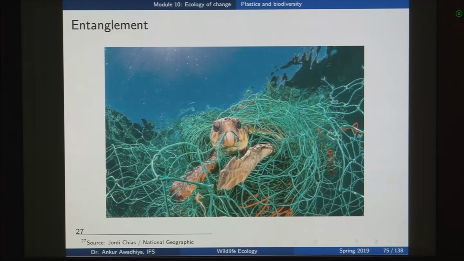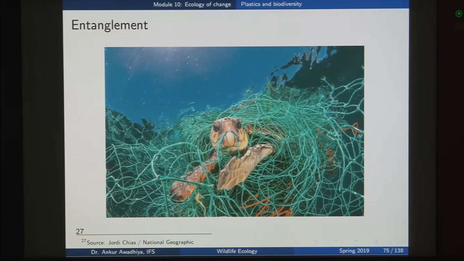Now, once you have an animal that gets caught here, this animal is unable to move. In the case of these tortoises, they are reptiles and they require air for respiration. So, even the sea turtles have to surface once in a while to gather their breath. Now, if they get entangled in one such net, they will not be able to reach the surface and they will die of a lack of oxygen, they will die of asphyxiation.